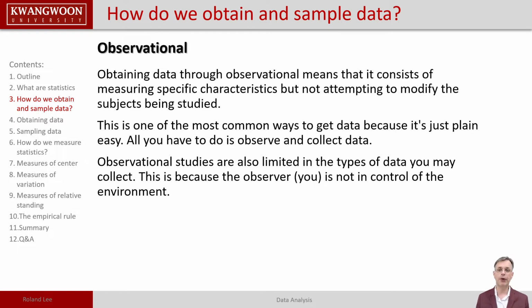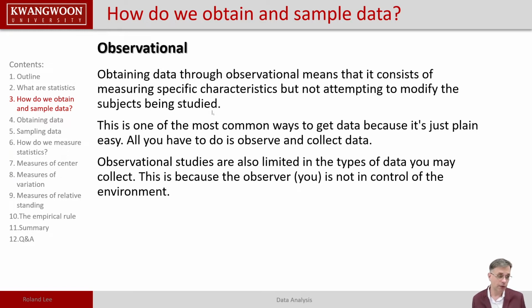So for example, if you have tracking software on your website that observes users' behavior on that website, such as the length of time spent on certain pages, what was looked at, the clicking rate on ads, all the while not affecting the user's experience, then that would be an observational study.